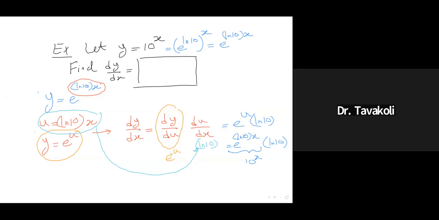So the final answer is 10 to the power of x times ln of 10, or if you want, you can write ln of 10 first because it's just a constant coefficient, times 10 to the power of x. So the answer is ln of 10 times 10 to the power of x.